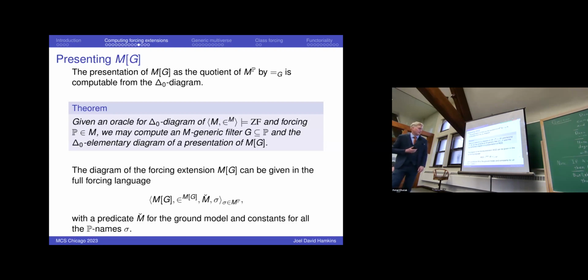Furthermore, I can give you the diagram of the forcing extension in the forcing language, which doesn't just have the epsilon relation, but it has a constant for the ground, a predicate for the ground model, and constant symbols for every name. That's the full forcing language. And we can compute a presentation of the delta zero diagram of that model in the forcing language.